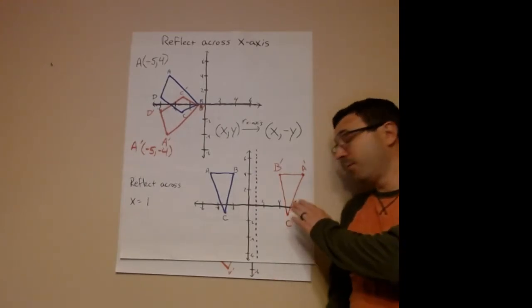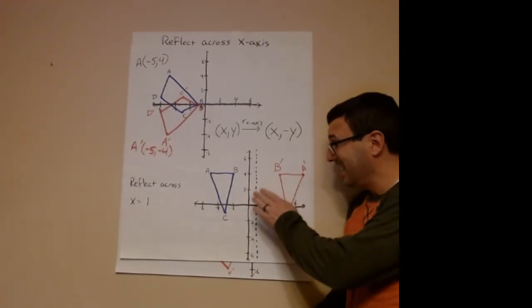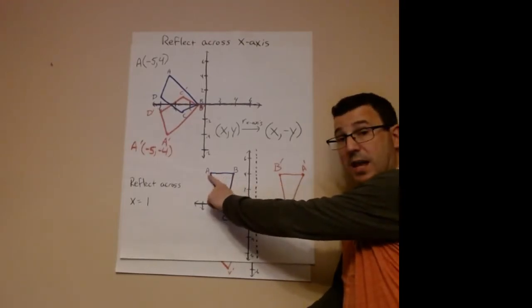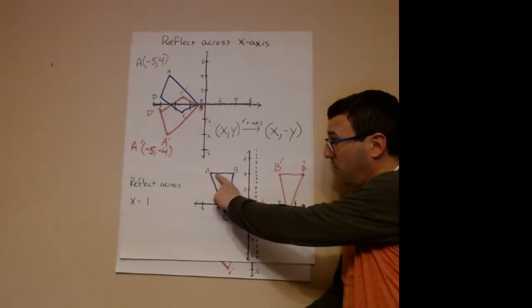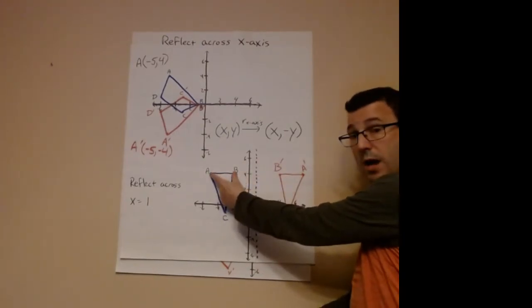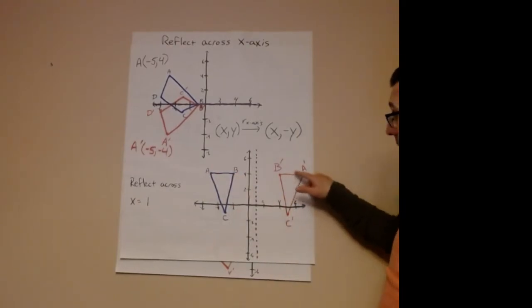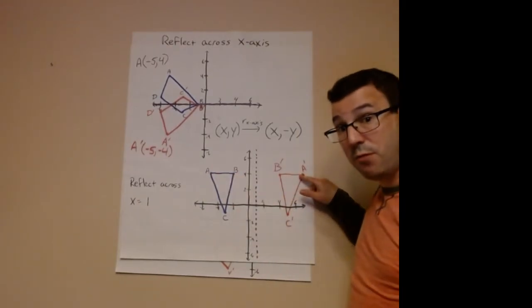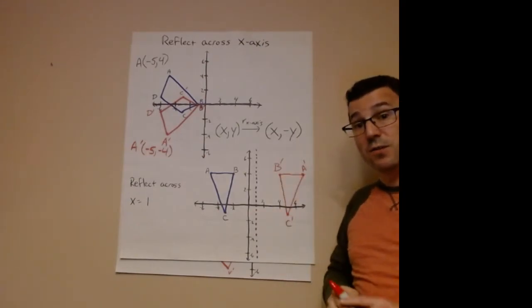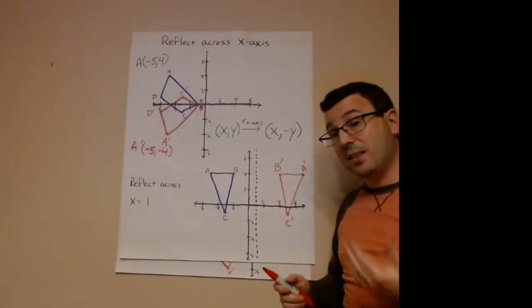Now again, we look, we have the same length. So if we look at AB, AB is 3 units wide over here. A prime, B prime is 1, 2, 3 units long. So the length doesn't change.